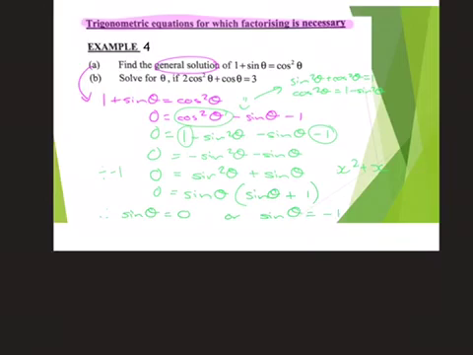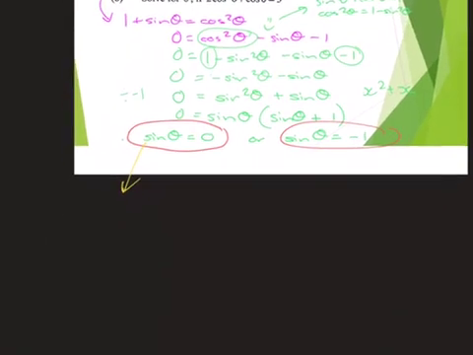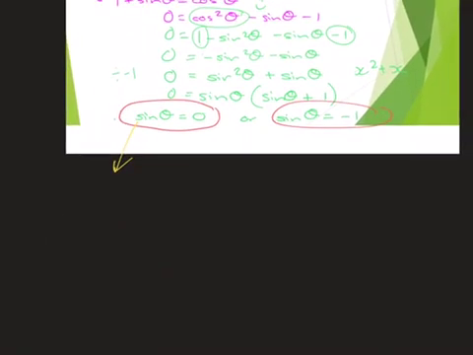Once you're at this point, when you have sine of the angle equals a number, with nothing added, subtracted or multiplied, so sine theta equals 0, sine theta equals negative 1, you can now click shift on your calculators. Shift sine of 0 is 0 degrees.